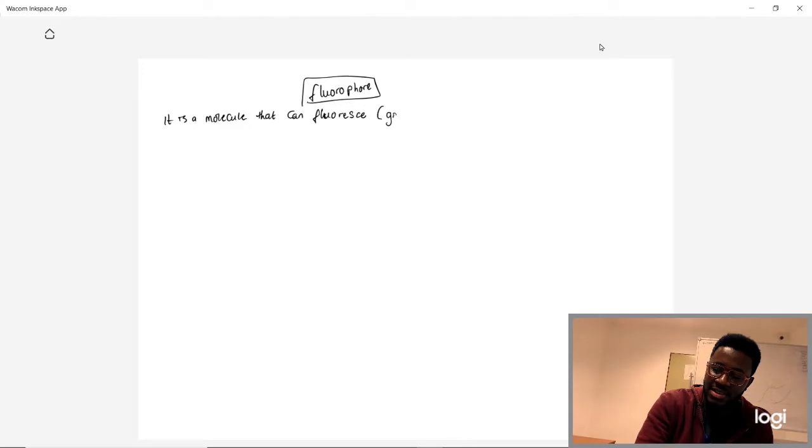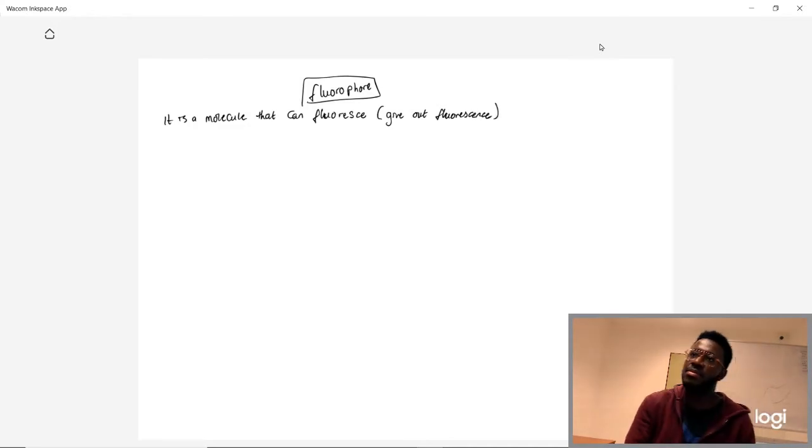So I have a question. The intersystem crossing, like from T1 to S0, that is forbidden. But that's not the intersystem crossing.